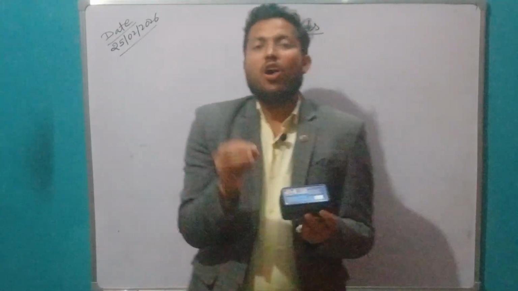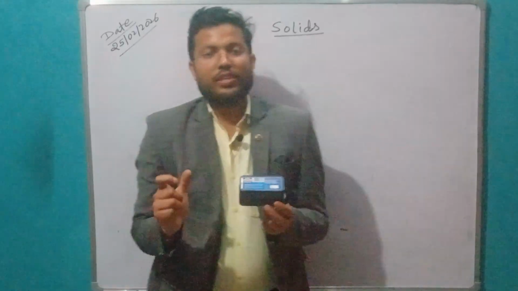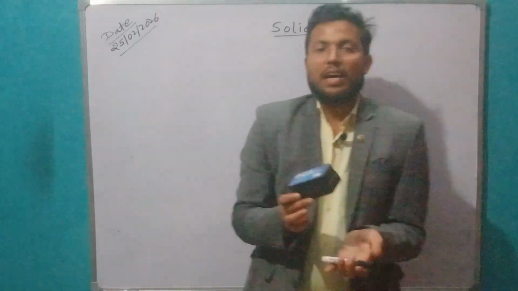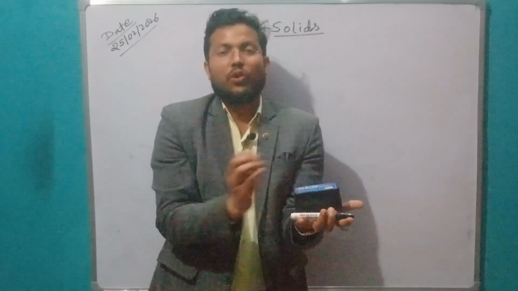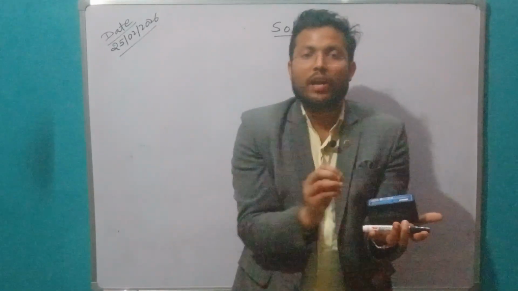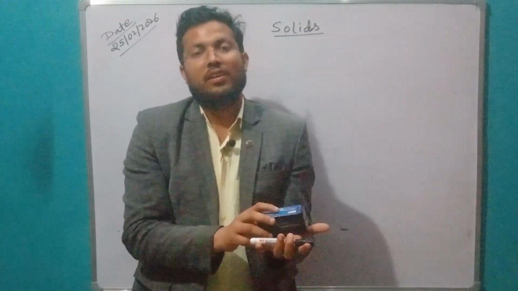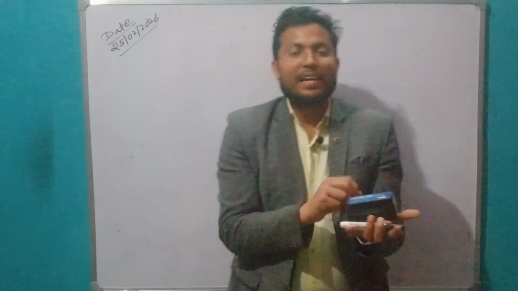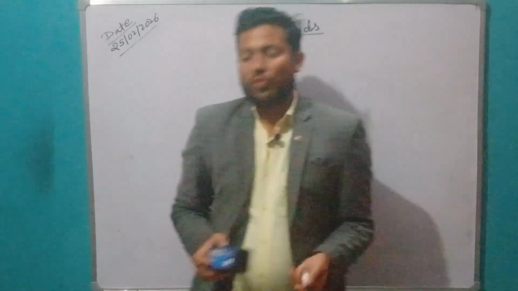Space means how much space is inside this figure. You say it occupies space because when you keep it here, it covers that space. You cannot put another thing in its place, which indicates that it occupies space and has volume.